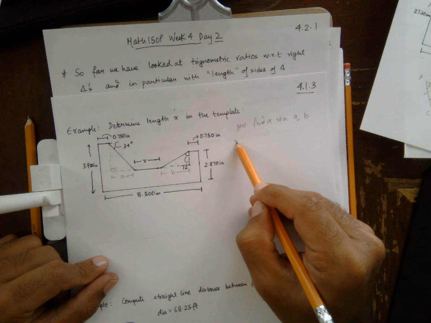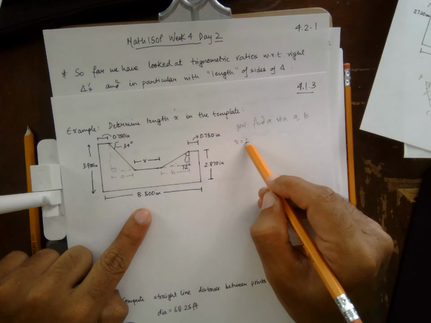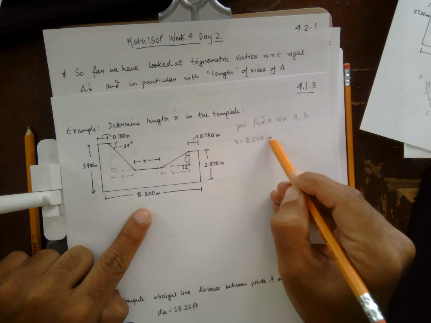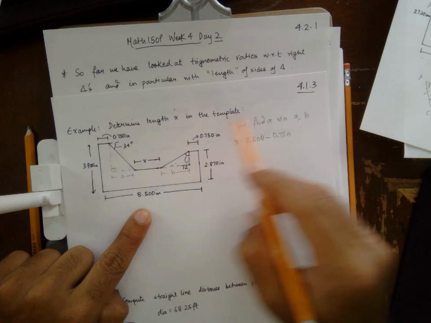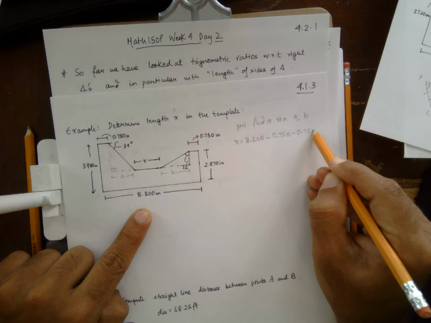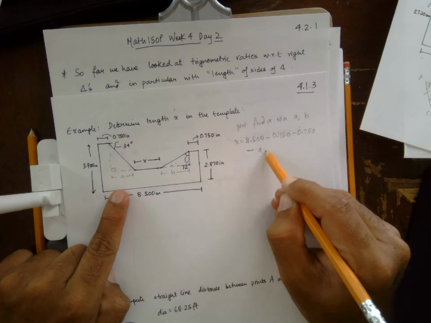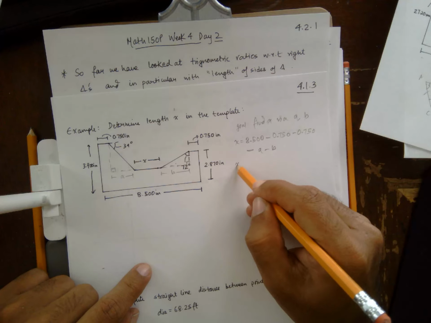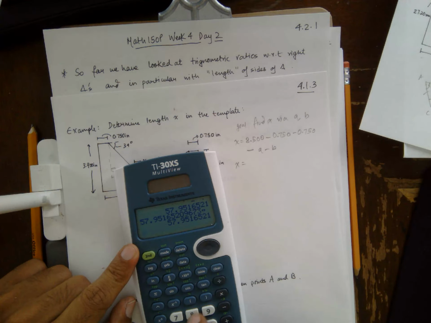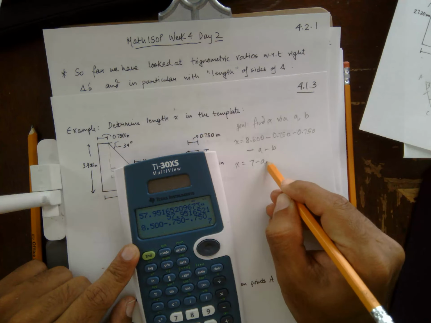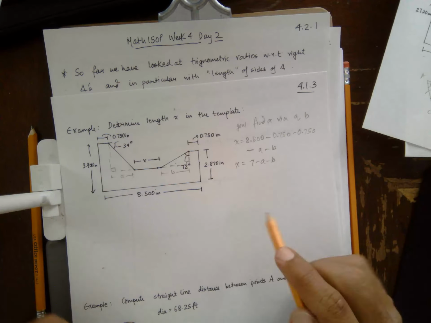Because I know x is this entire length 8.500, subtract these corner ones, 0.750, 0.750, subtract A, subtract B. So x is 7 minus A minus B. So my new goal now is to find A and B.